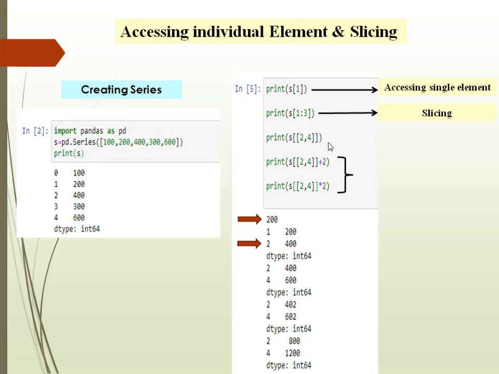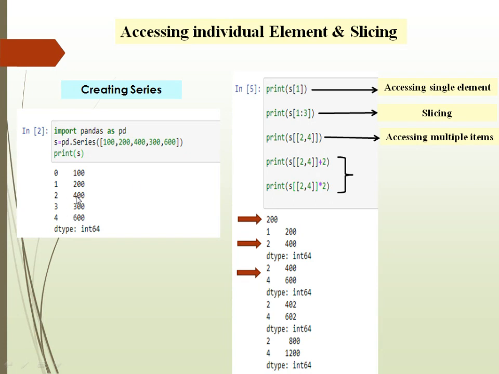Now we'll move to the next. If I don't want to select the values in a range, then what do I do? Of course, children, I have to write it like this, in the form of a nested list: [2, 4], enclosed in a nested list. It means the 2nd and 4th records are going to display.